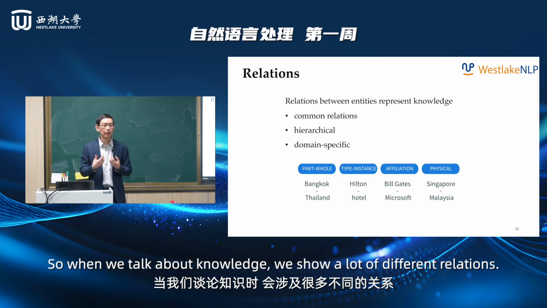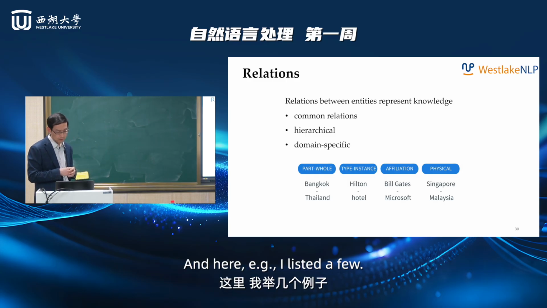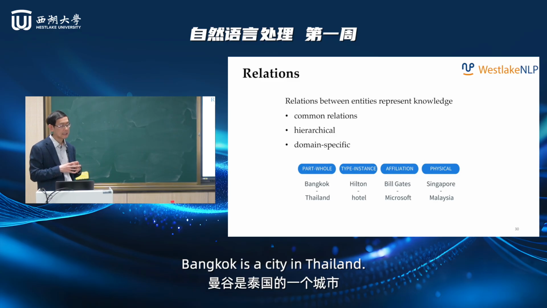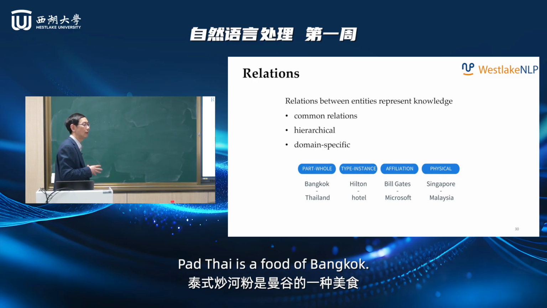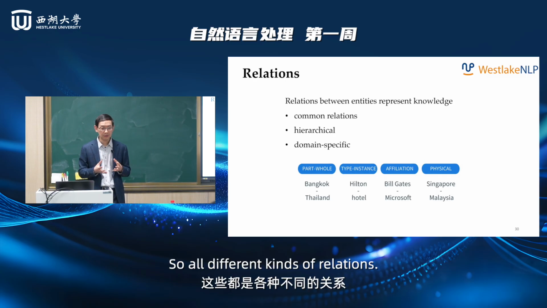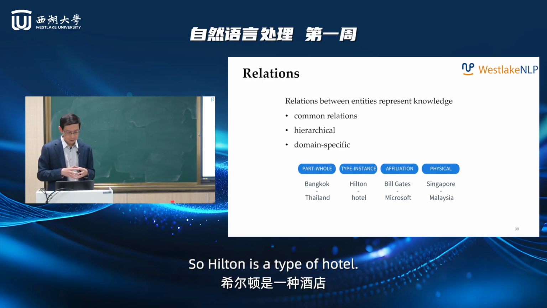When we talk about knowledge, we show a lot of different relations. Here, for example, I listed a few. Bangkok is a city in Thailand. Pad Thai is a food of Bangkok. So all different kinds of relations. Hilton is a type of hotel.